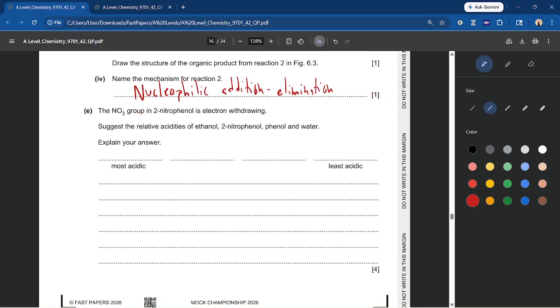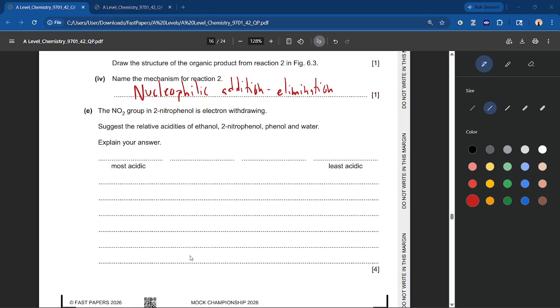The nitro group in 2-nitrophenol is electron withdrawing. Suggest the relative acidities of ethanol, 2-nitrophenol, phenol, and water. Explain your answer. So we're going to have to go from most acidic to least acidic. You can already tell which one is going to be the most acidic.